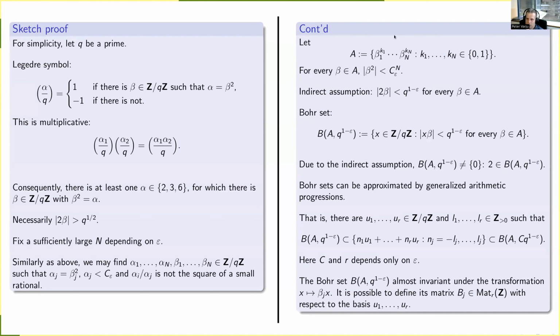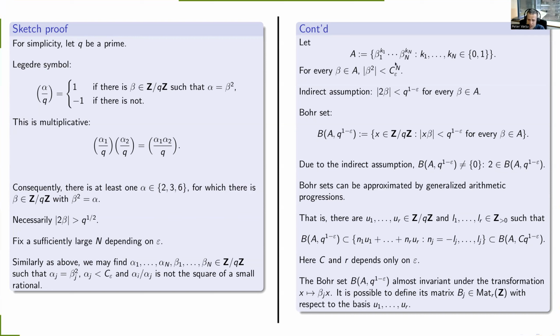And if you look at my set of frequencies, which is all the products of the betas that you can get, then you can observe that this set of frequencies is almost invariant under multiplication by beta j. If I have here a frequency which doesn't involve beta j, and I multiply it with beta j, then I get something which is in my frequency set.